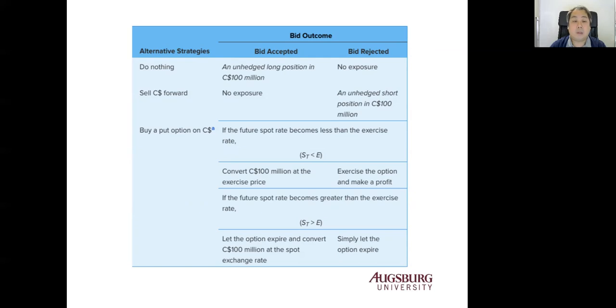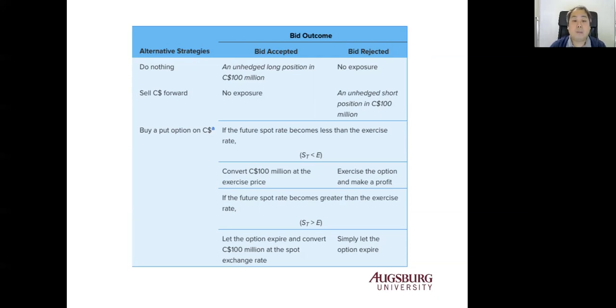Now let's buy option. So buy a put option on Canadian dollar. Now, if the future spot price becomes less than the exercise price, it means that you will exercise this option. So if bid is accepted, then it converts Canadian $100 million at the exercise price. If it is rejected, then exercise this option and make a profit, right? You just make money from this option.